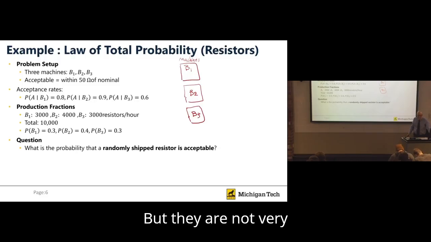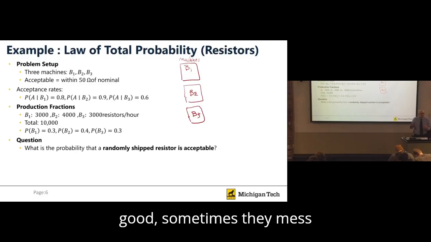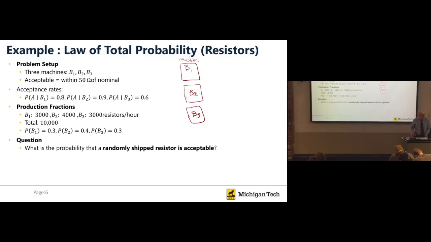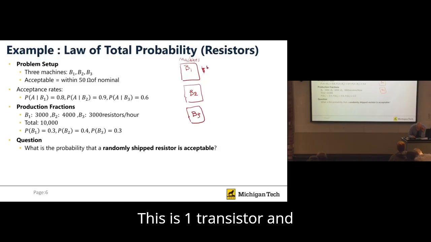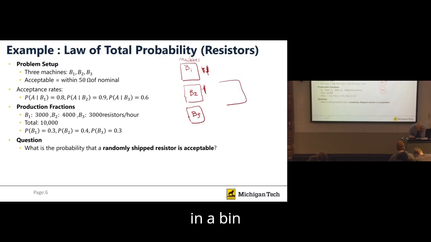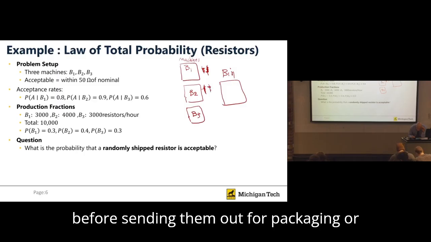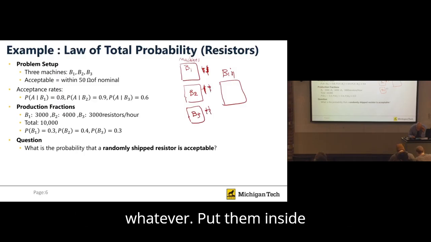But they are not very good, you know. Sometimes they mess up, and it is acceptable or not? Okay, so they make these resistors for us. This is 1 resistor, and we put these resistors in a bin before sending them out for packaging or whatever.